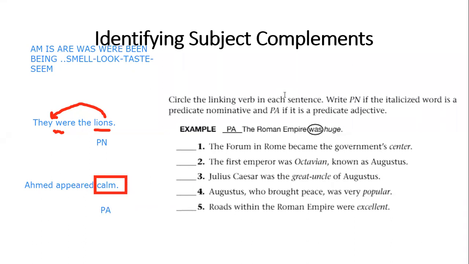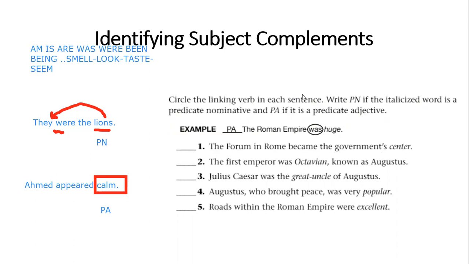Okay. Let's check now what we are having in this exercise. Circle the linking verb in each sentence. Write PN if the italicized word is predicate nominative, and PA if it is a predicate adjective. Great. So the first one, the forum in Rome became the government center.